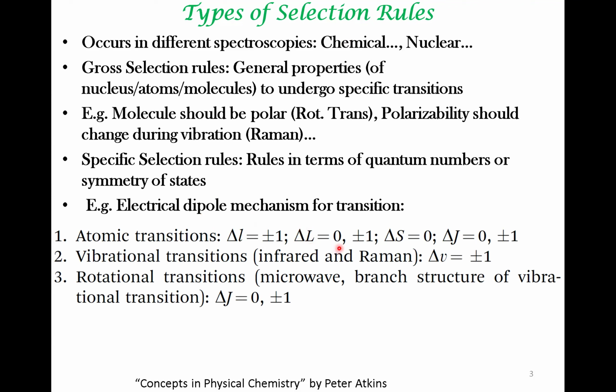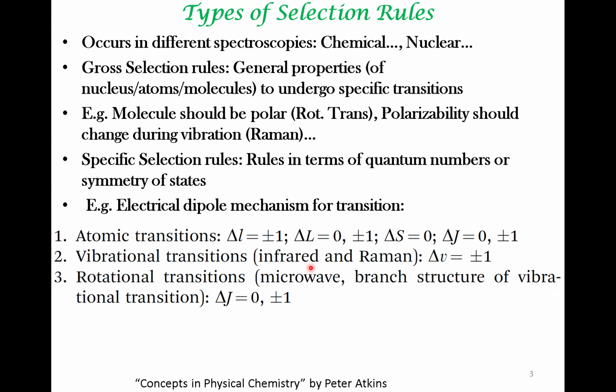Or if the overall angular momentum changes in a particular manner, if the spin angular momentum changes in a particular manner, if J is the combination of the orbital angular momentum and the spin angular momentum. So these kinds of constraints are very useful to know whether these energy transitions are possible when the system is exposed to a photon of a particular energy.